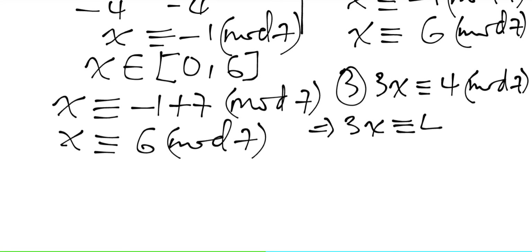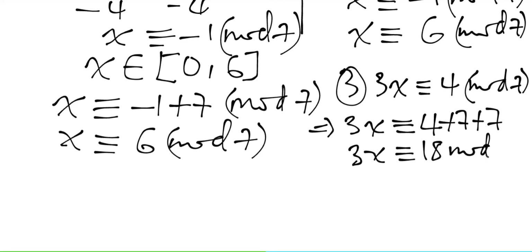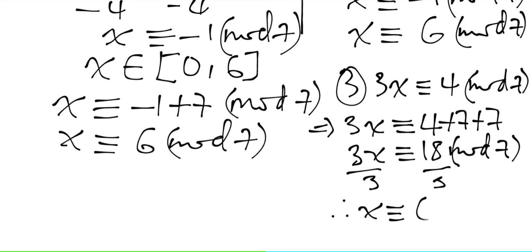So if I put 4 plus 7, I have 11. 11 is not a multiple of 3. I add again 7, and that gives 18. So 3x is congruent to 18 in modulo 7. In this case now I divide both sides by 3, and I have that x is congruent to 6 mod 7, again as before.